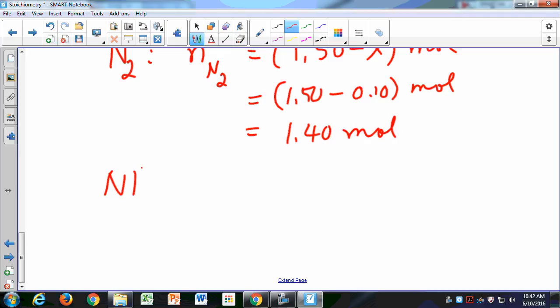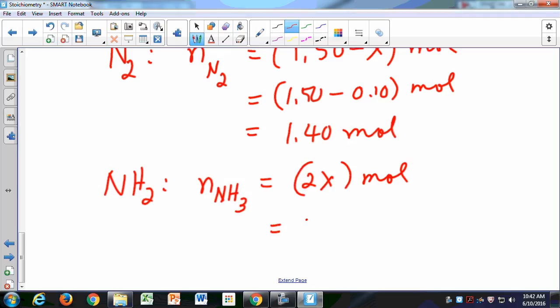Finally, moles of NH3 equals 2x moles. So this is 2 times 0.10 mole, and that's 0.20 mole.